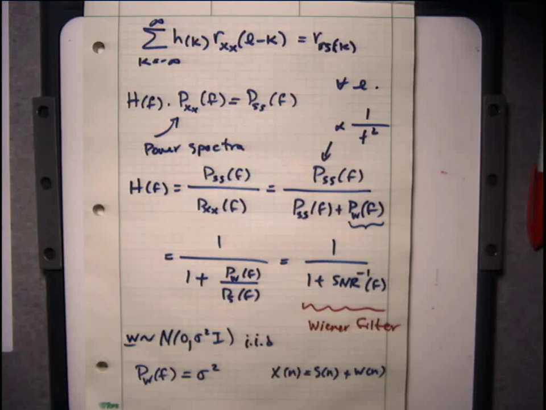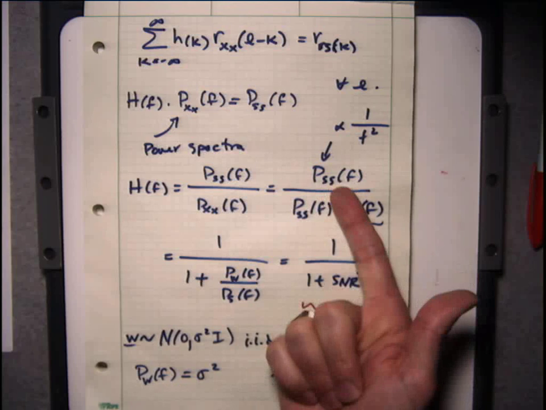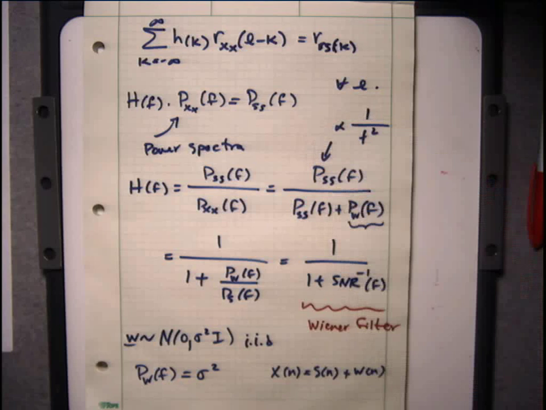But if you're looking at pictures somebody took from the street and there's a few people in it, that's probably okay. All right? So the idea is that you can get a large collection of signals, build from them a guess of what the power spectrum is for the signal that you're looking for, and then use that to build this filter. Okay?